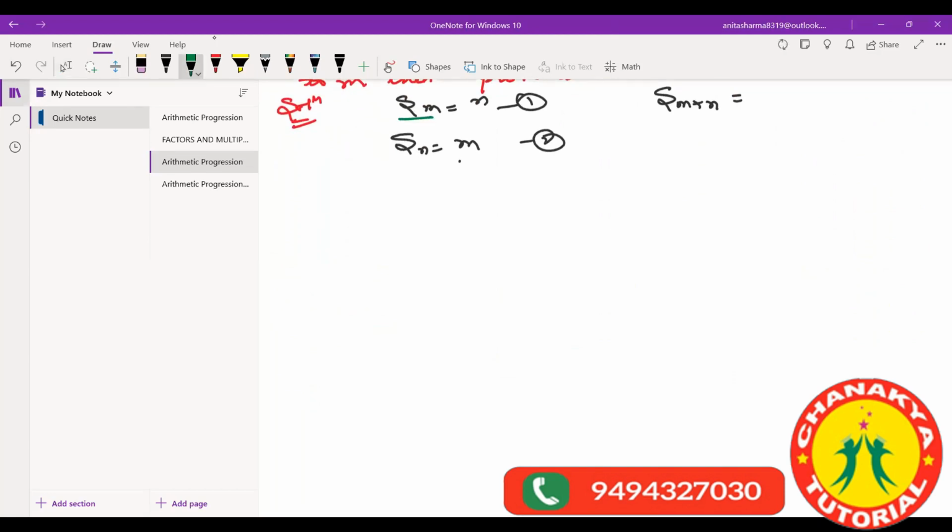Yes, children, the sum of m terms is m by 2 into 2a plus m minus 1 into d, right, beta? It is equal to n. And then the sum of n terms is n by 2 into 2a plus n minus 1 into d, which is equal to m. So how are you solving it?